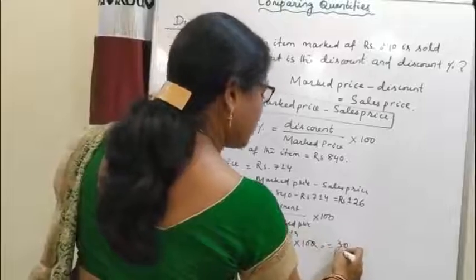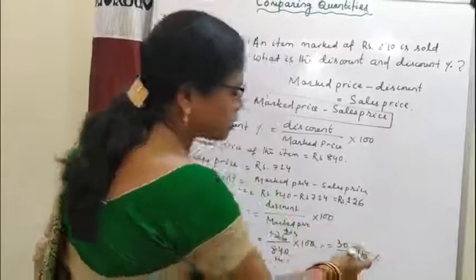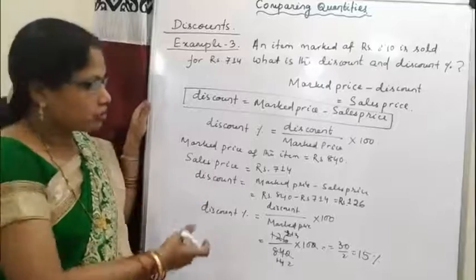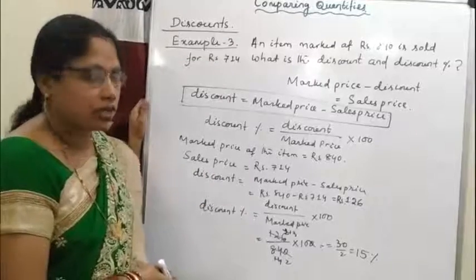This is 30 by 2, that is 15%, our discount percentage. In this way you can find the discount amount and discount percentage.